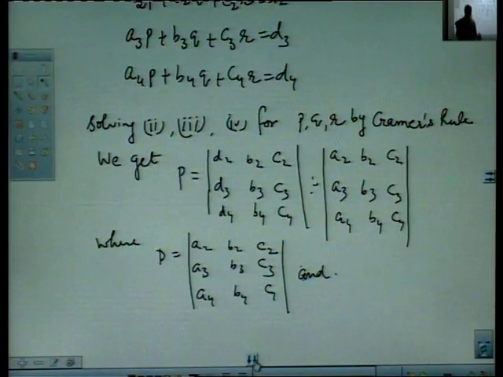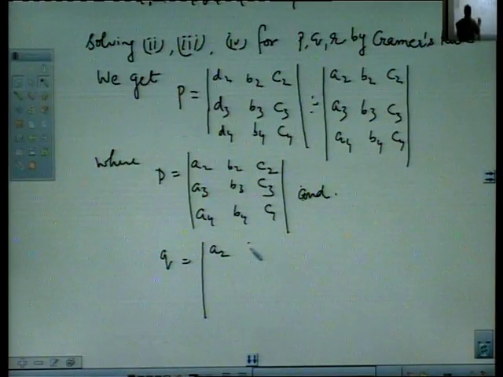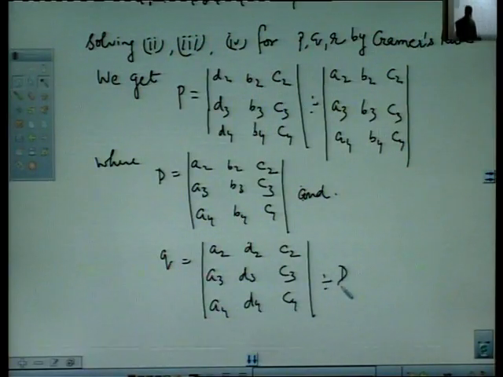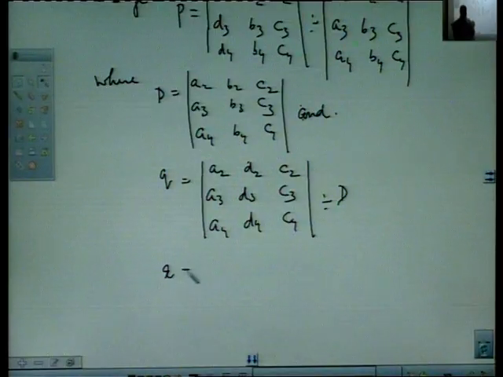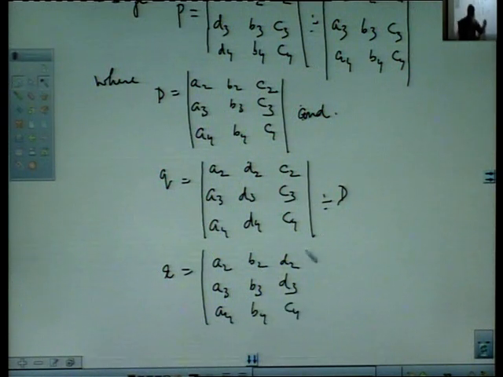Similarly Q is equal to A2, D2, C2, A3, D3, C3, A4, D4, C4 divided by D, and R is equal to A2, B2, D2, A3, B3, D3, A4, B4, D4 divided by D.